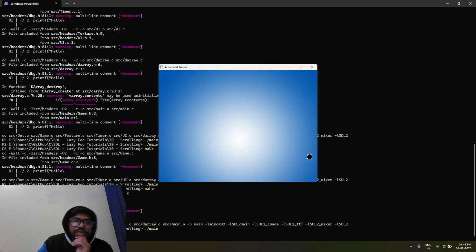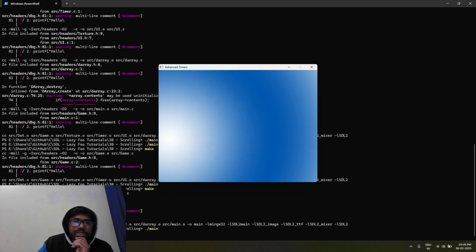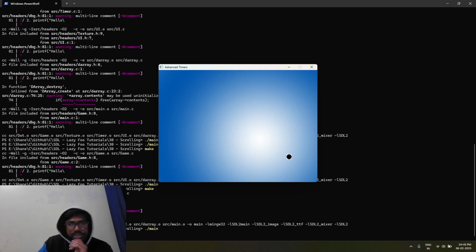If it is not centered, it's moving on its own, and the camera is lagging behind. Will I be able to see the dot? Yes. Okay, so the camera position is lagging behind.